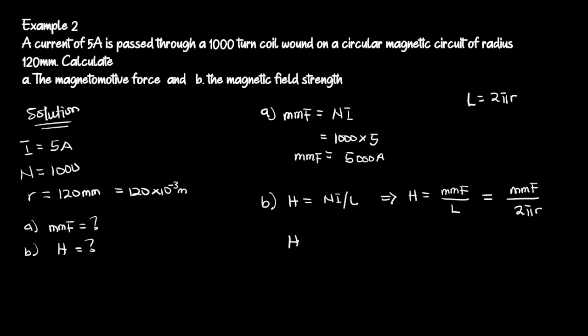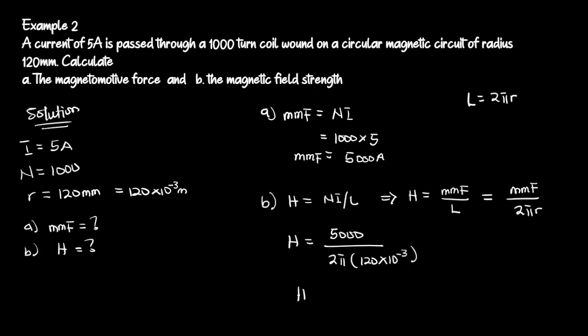So my magnetic field strength is equal to the MMF I've calculated, which is 5000, or you can just use 1000 multiplied by 5, all over 2π multiplied by the radius, which is 120 times 10 raised to the power minus 3.